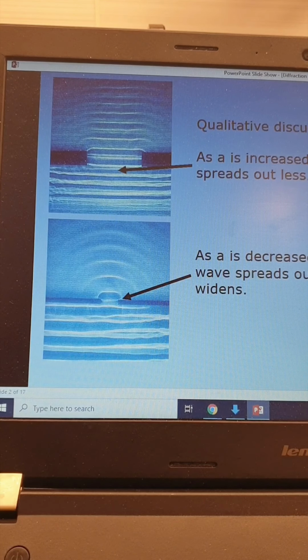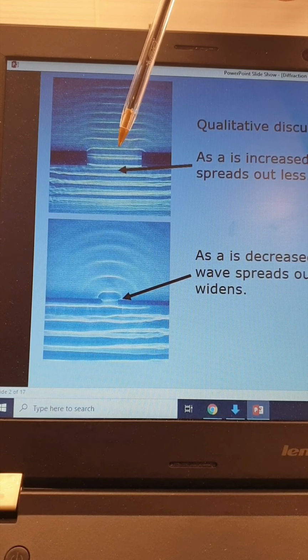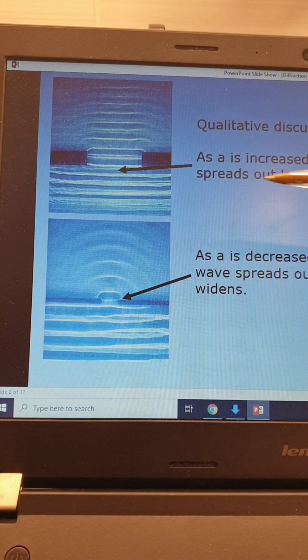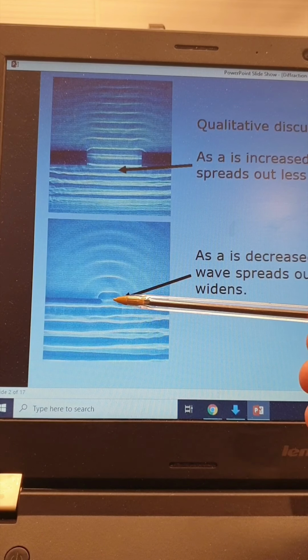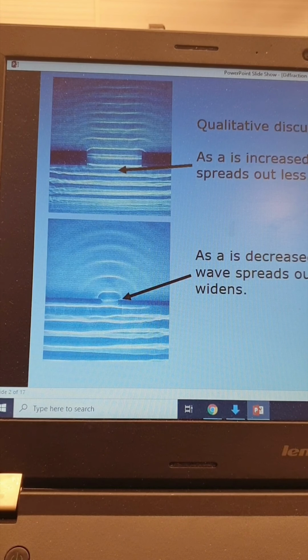So what we see here is waves on water, or ripples, and they're passing through a gap. At the top we have a large gap compared to the wavelength, given as the distance between the crests, and at the bottom we've got a much smaller gap, much more similar to the wavelength.